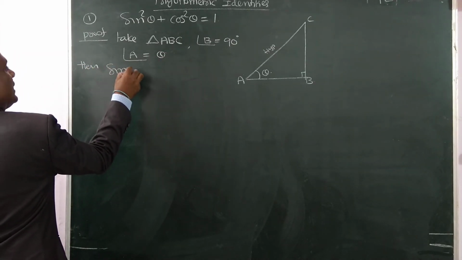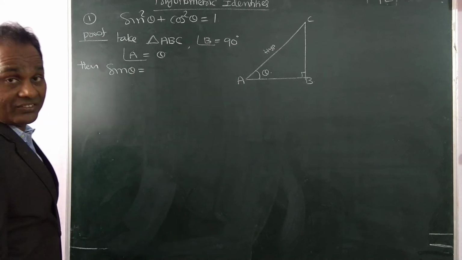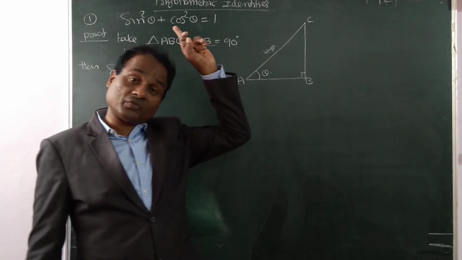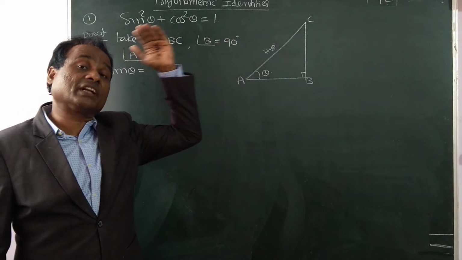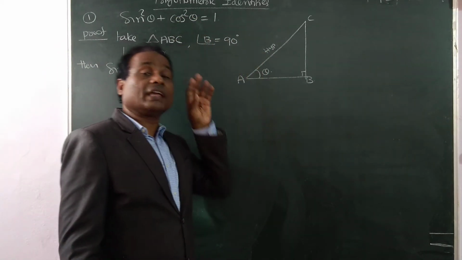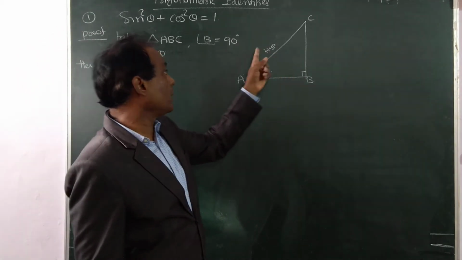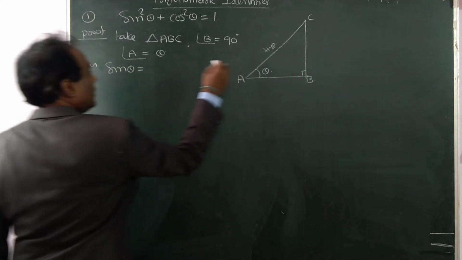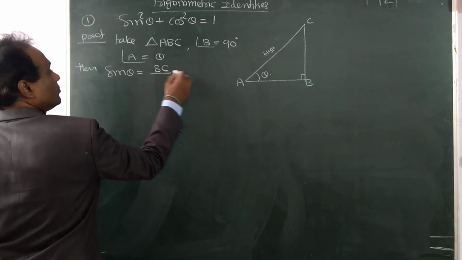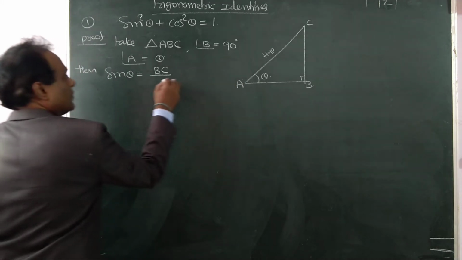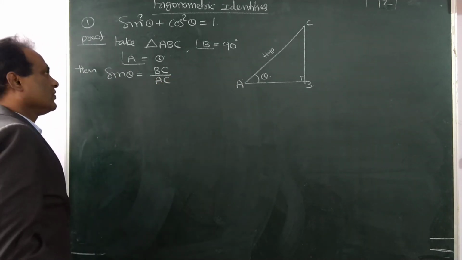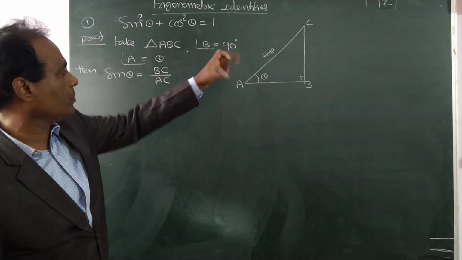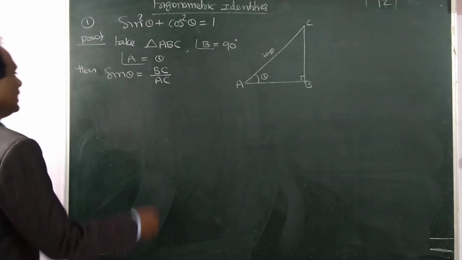What is sin theta? What is the sin definition? The sin definition is opposite by hypotenuse, which we studied in the introduction at the beginning. What is the opposite side? BC, and the hypotenuse is AC. So sin theta is BC by AC.